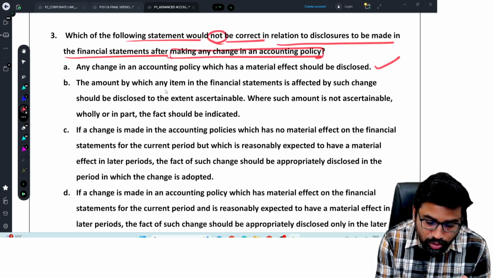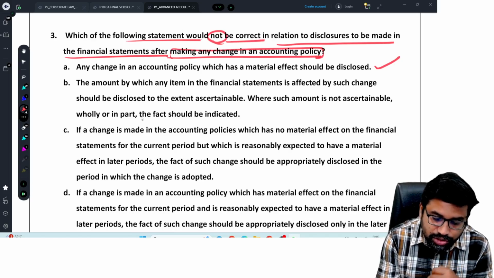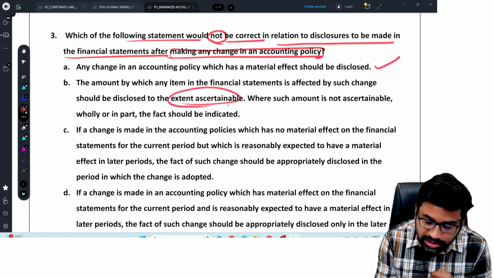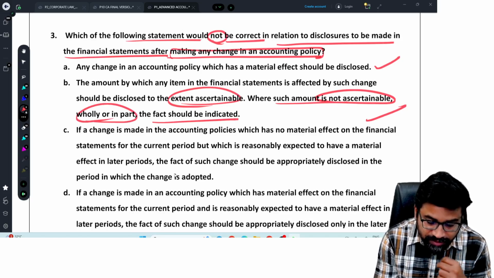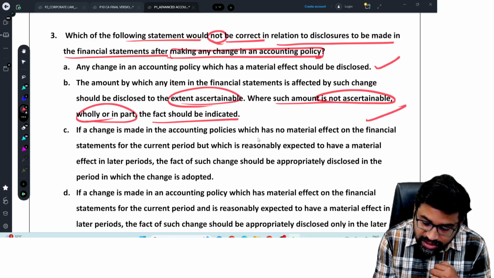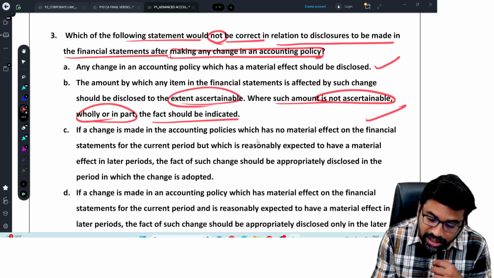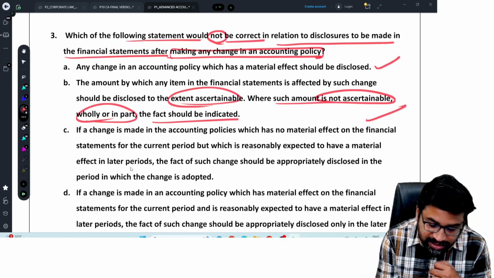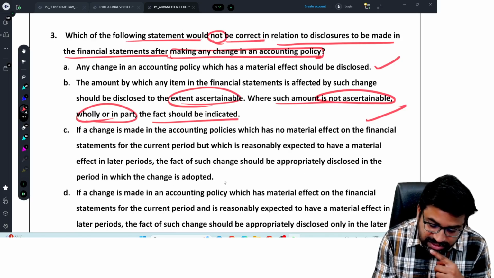Next, the amount by which any item in the financial statement is affected by such change should be disclosed to the extent ascertainable. Where such amount is not ascertainable, wholly or in part, the fact should be indicated. Correct. If a change is made in accounting policy which has no material effect on the financial statements for the current period, but which is reasonably expected to have a material effect in later periods, the fact of such change should be appropriately disclosed in the period in which the change is adopted.